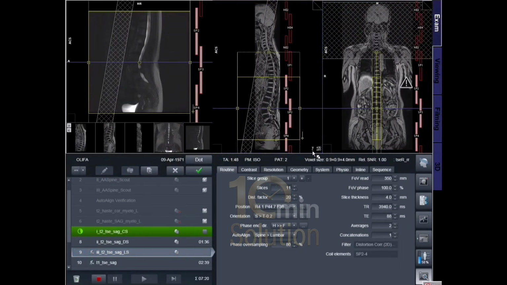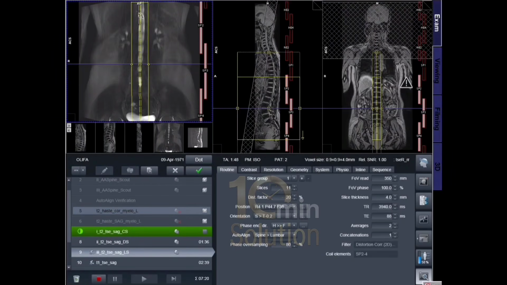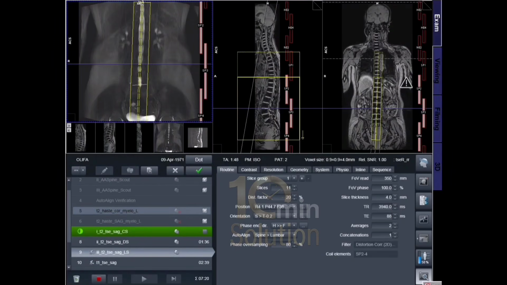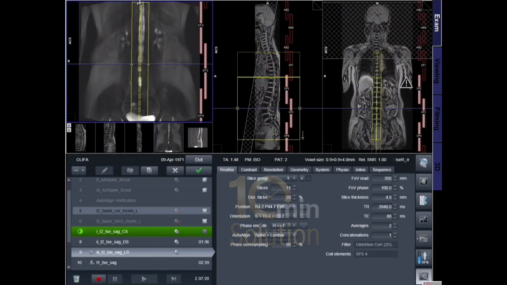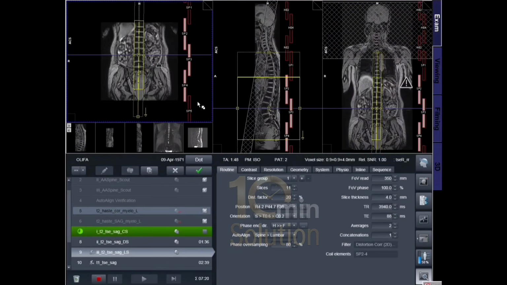Everything is fine. Look at the myelo image, sagittal. This is the myelo sagittal image, and there is the coronal image. Everything is now fine.